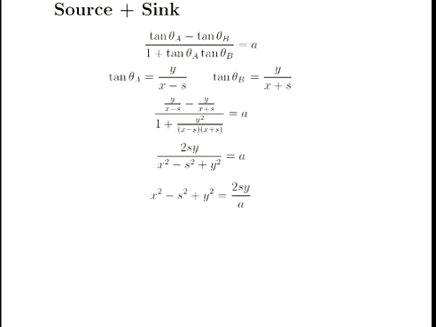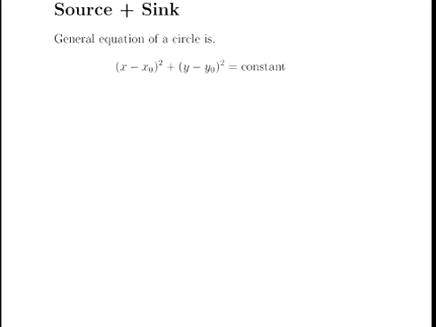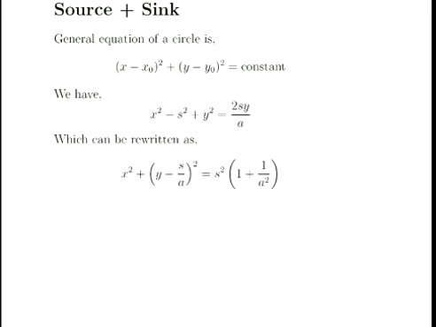And you know the equation for a circle, right? The equation for a circle tells me that x minus x naught squared plus y minus y naught squared is equal to some constant, and that constant is the radius of the circle squared. So what we can do is rejig that expression that we have into that form.